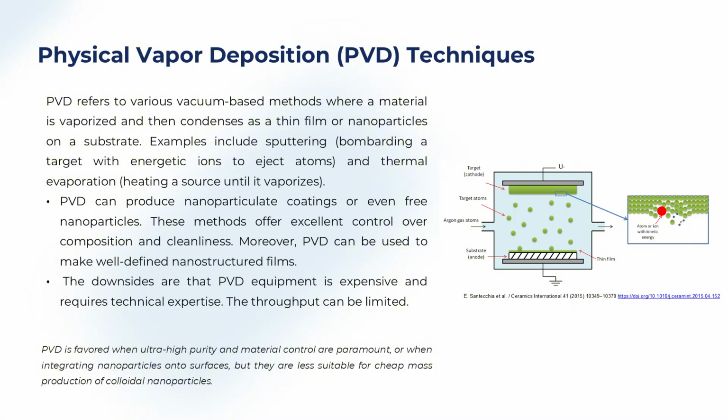PVD can produce nanoparticles, coatings, or even free nanoparticles. These methods offer excellent control over composition and cleanliness. Moreover, physical vapor deposition can be used to make well-defined nanostructured films. The downsides are the PVD equipment is very expensive and it requires technical expertise.